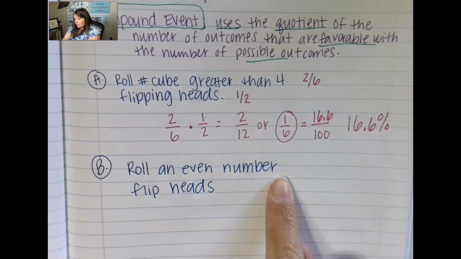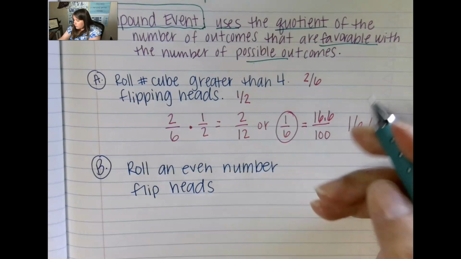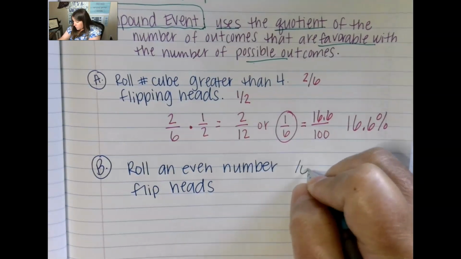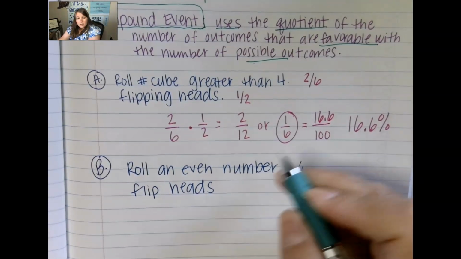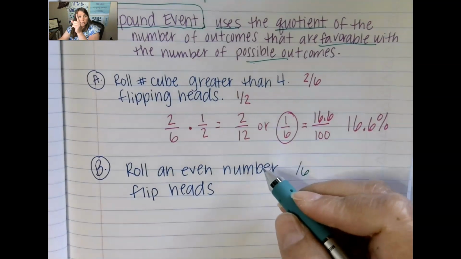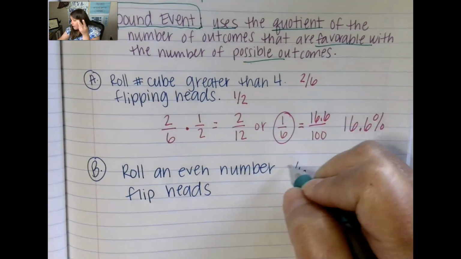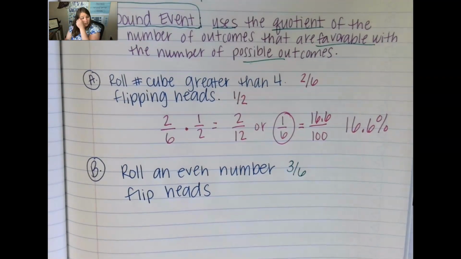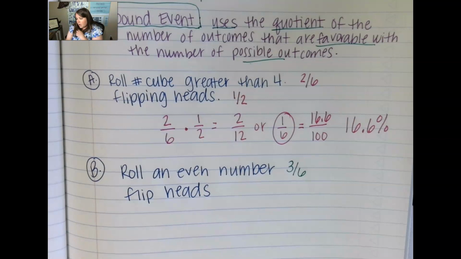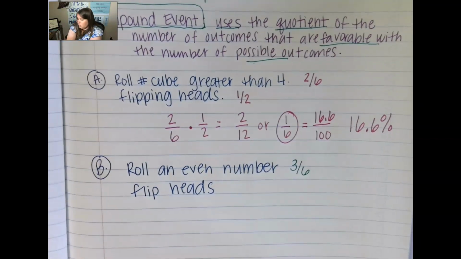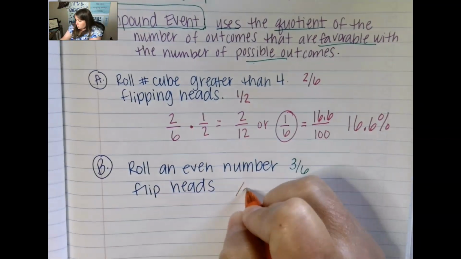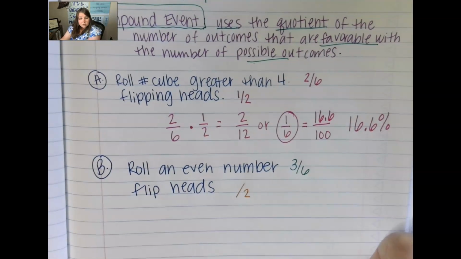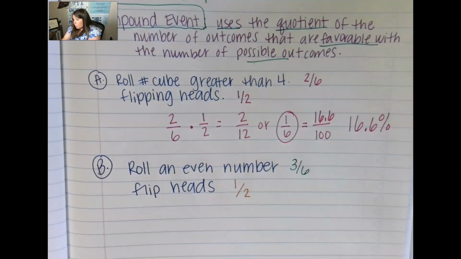So when I roll an even number, there are 6 possibilities on a number cube, and the numbers that are even are 2, 4, and 6. So I have 3 opportunities to roll an even number. But when I flip heads, I have 2 options. I can either get heads or tails, right? But I'm only looking at 1.